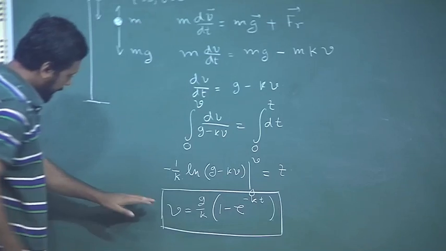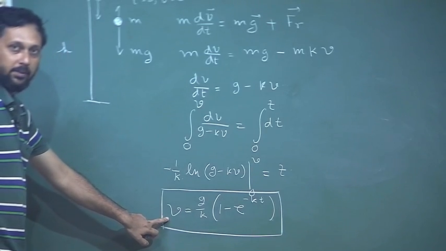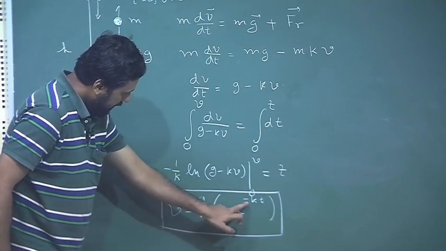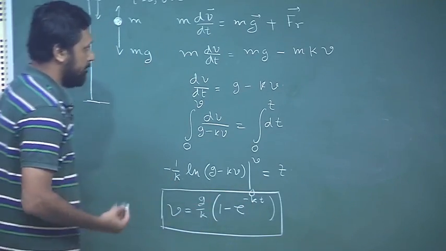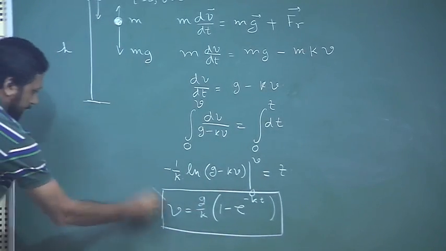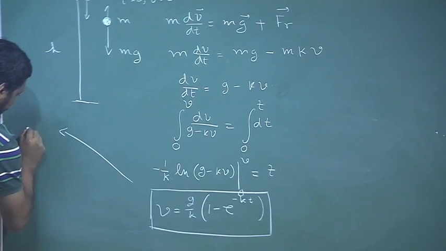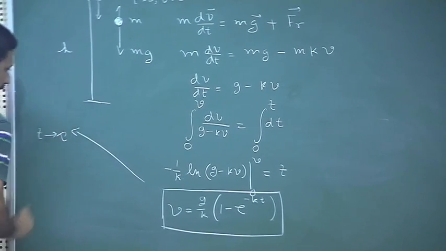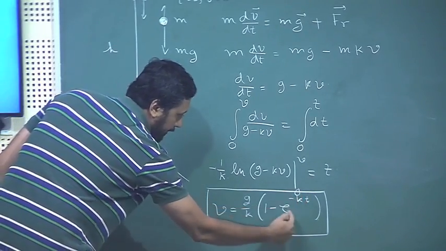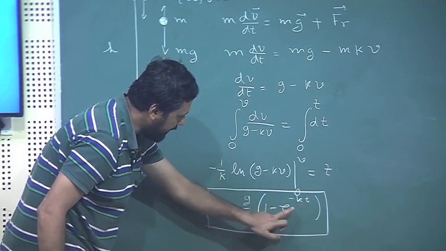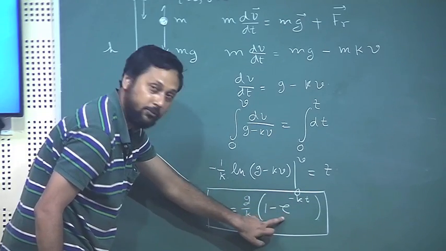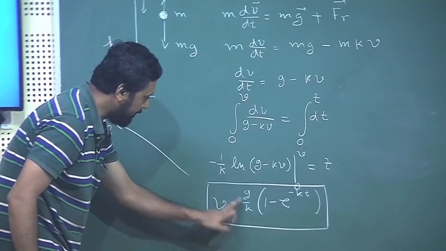Now, if we study this expression down here, what do we see? If we set a large time, let us say if t goes to infinity, then v goes to, so what happens if we put a very large number for t, then this term drops very fast, and essentially after some time it becomes 0. So, the only term left is g by k.